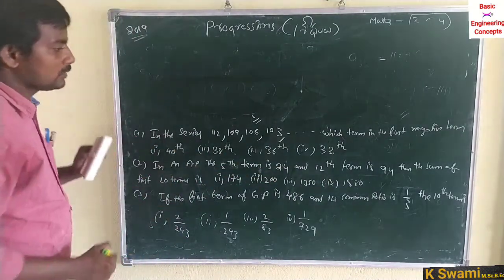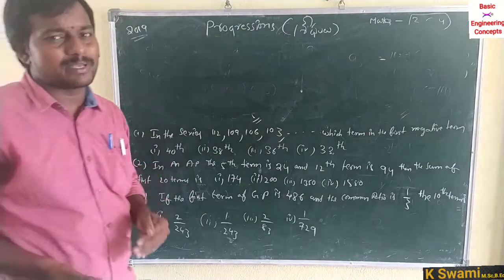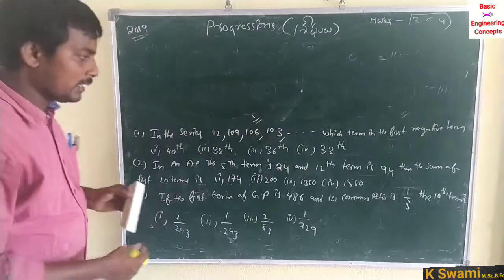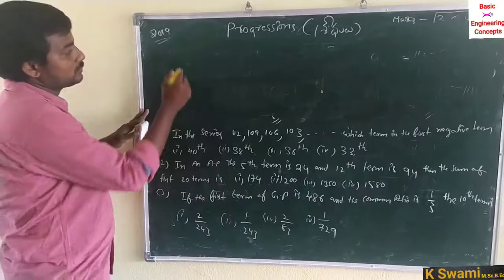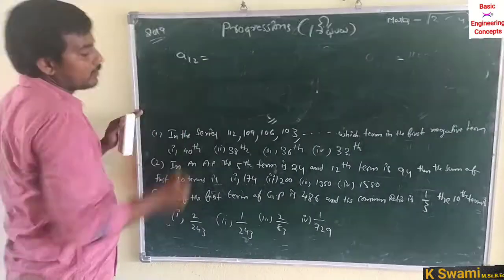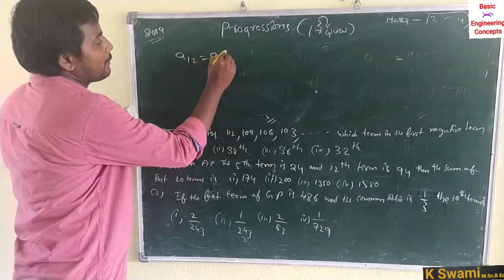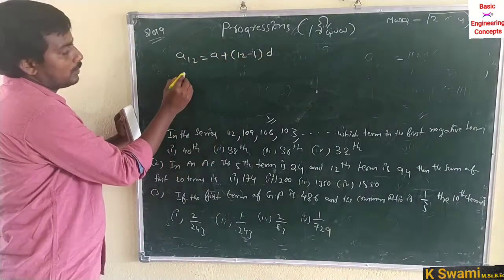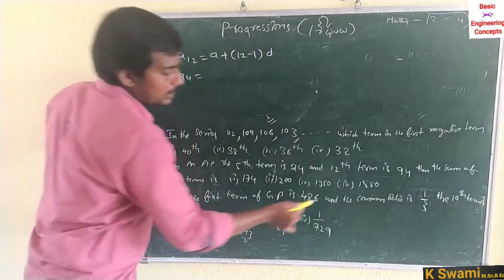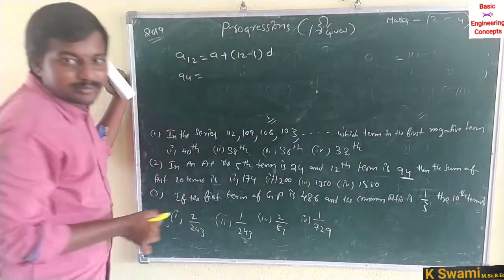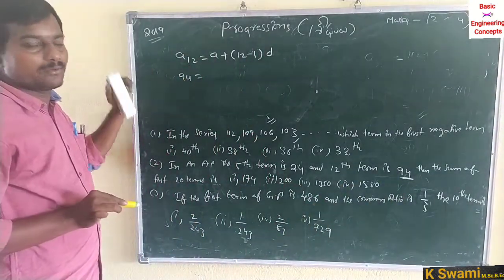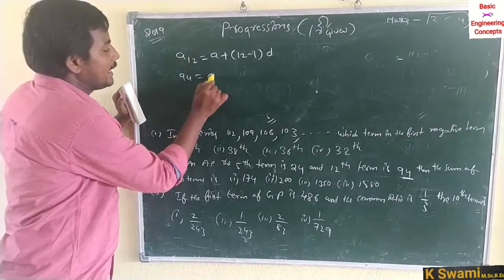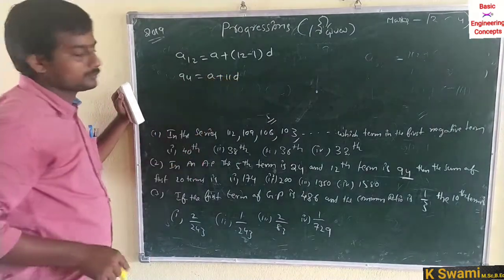Check first term A and common difference. The 12th term: A12 is equal to A plus 12 minus 1 into D. So 94 is equal to A plus 11D.